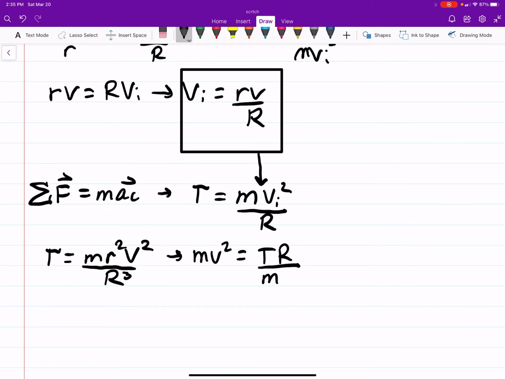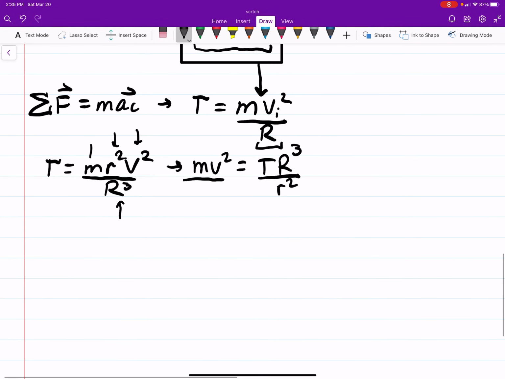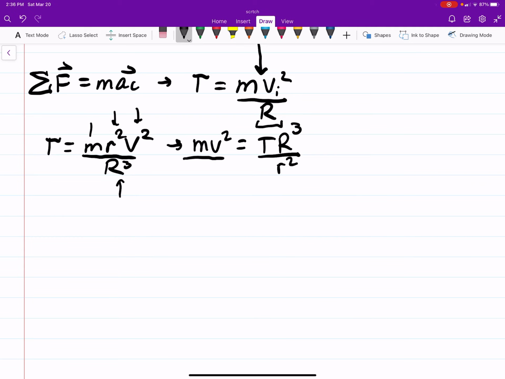Because when I square this, that'll be v squared, and there's already a big R here. So we essentially squared this to get little r squared v final squared over big R squared, and we plug that in. We get m r squared v squared, and this is big R cubed because there's already an R here. I can solve for m v squared by multiplying through by big R and dividing by the mass. That's going to go into the first part here. We now know what that is.